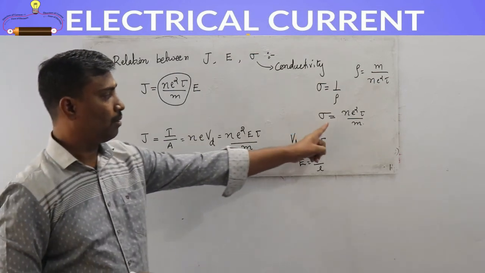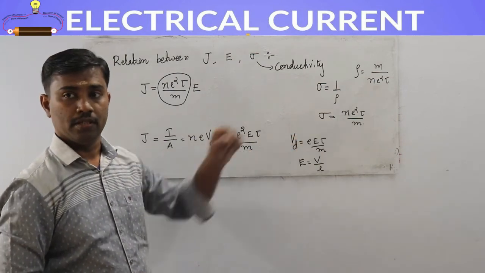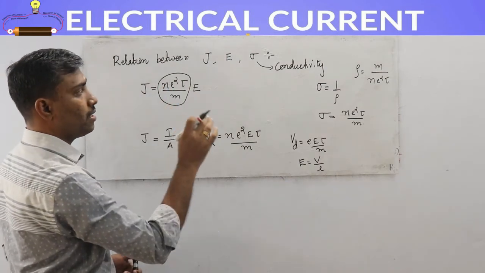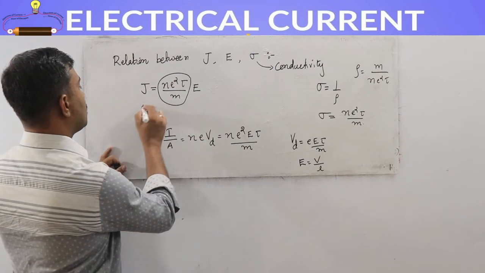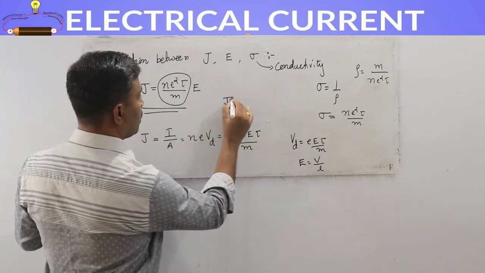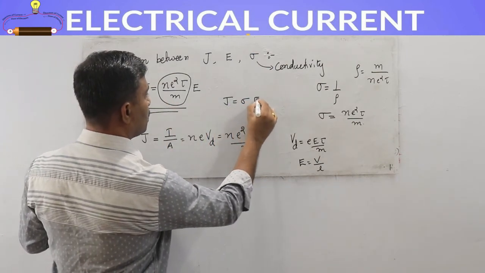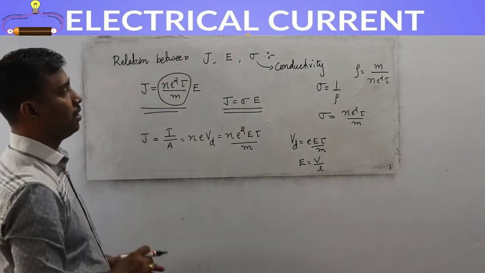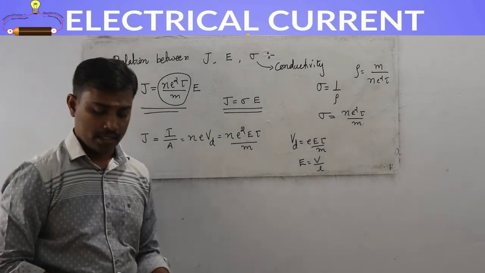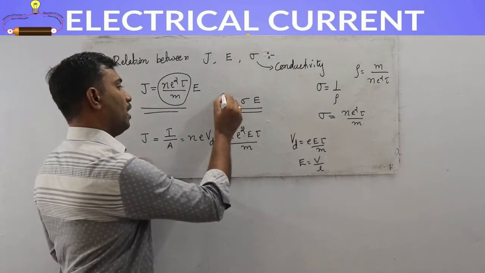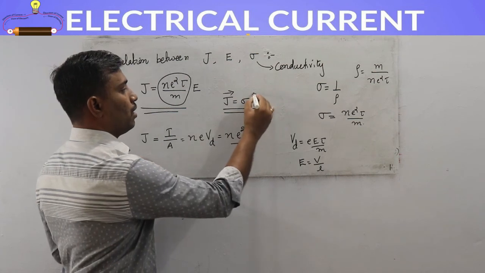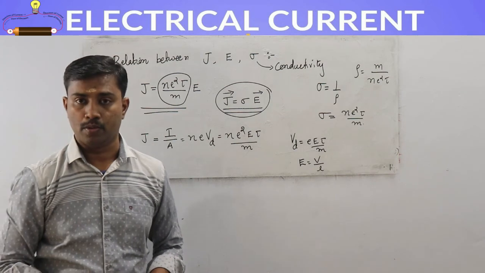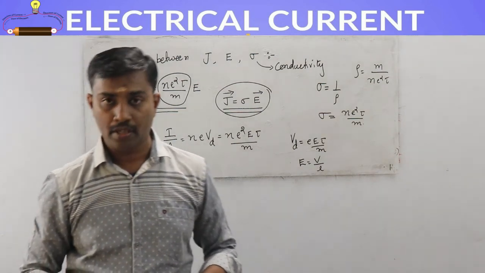It is the conductivity. So instead of this, I can write sigma. This equation changes to J is equal to sigma E. This is the relation between conductivity, electric field and current density. We can write it as J vector is equal to sigma into E vector. This is called the microscopic Ohm's law.